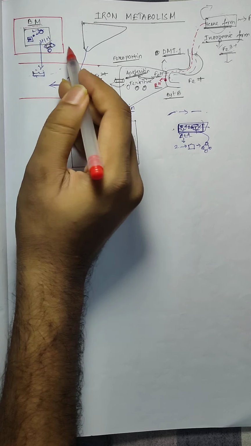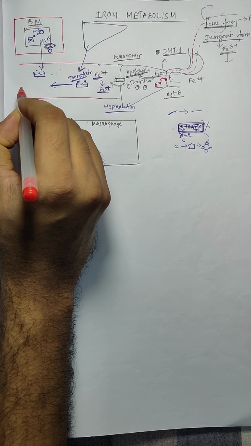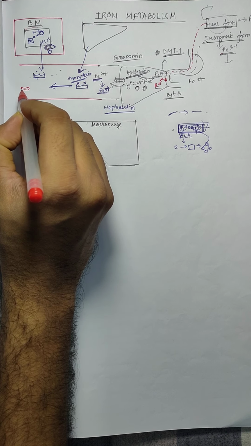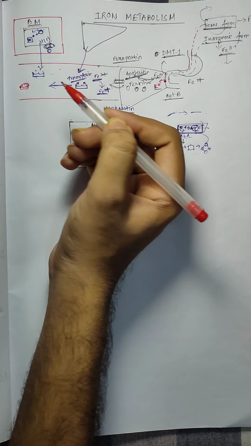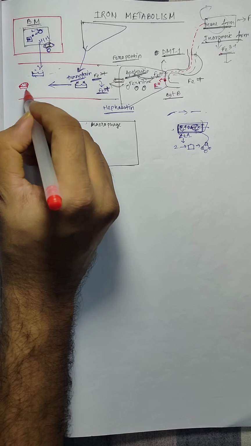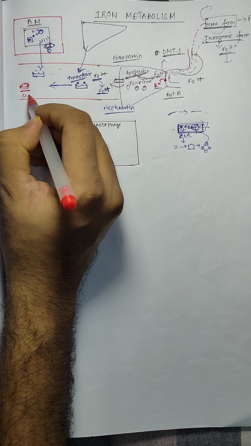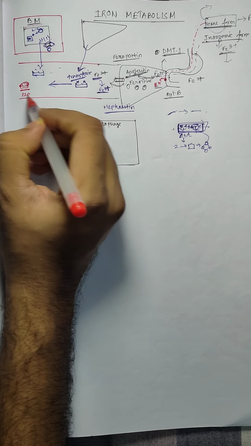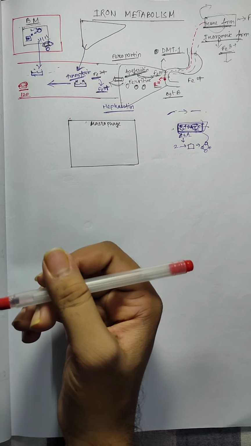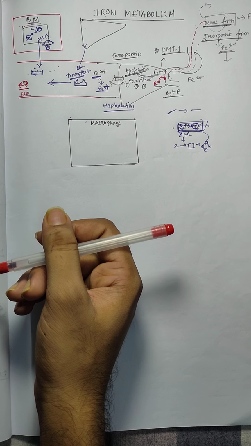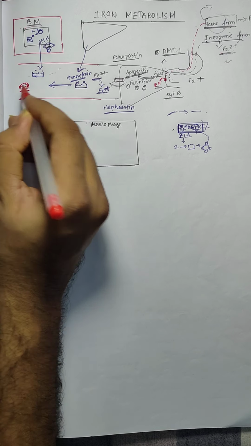So ultimately the bone marrow forms RBC. This RBC has a 120 days lifespan. After 120 days they go to the spleen, and finally the RBC is trapped within the spleen.